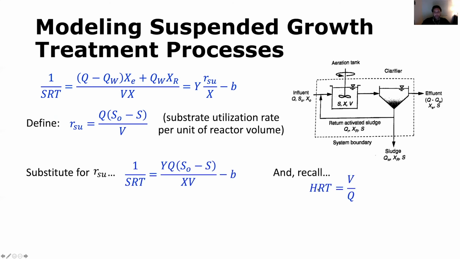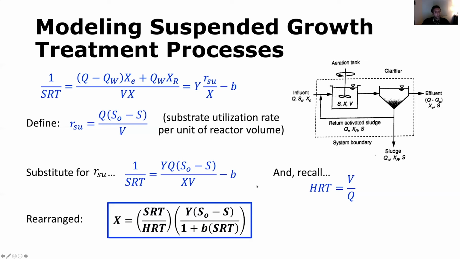Recall that the hydraulic retention time is equal to V over Q. So with V on the bottom here and Q on top, we can use V over Q equals HRT to substitute in.